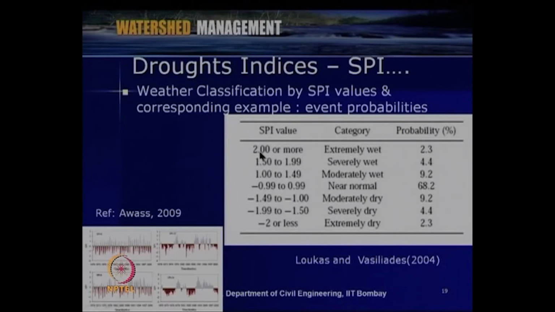When SPI is 2 or more, the category is extremely wet. 1.5 to 1.99 is severely wet, 1 to 1.49 moderately wet, minus 0.99 to 0.99 near normal, minus 1.49 to minus 1 moderately dry, minus 1.99 to minus 1.5 severely dry, and minus 2 or less extremely dry.